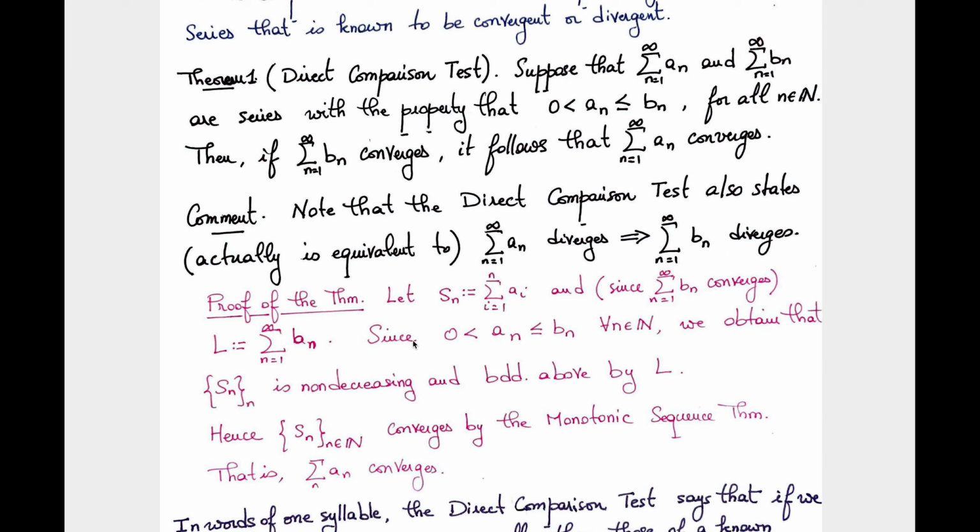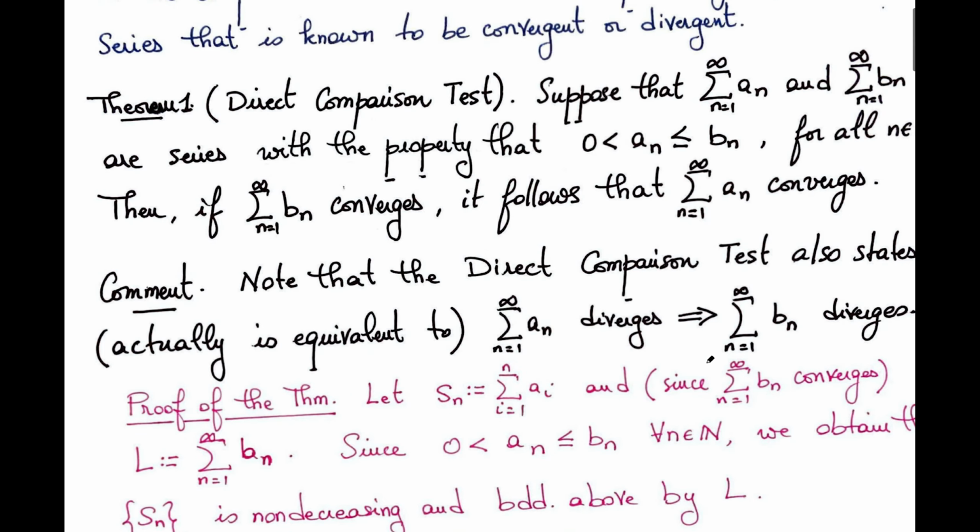Okay. Now, as we said, we have this compound inequality here that holds for all choices of n. Since this holds, what can you say about Sn? Well, the lower bound implies that Sn is increasing, or non-decreasing, to be more precise. Technically, let me zoom in a little bit.